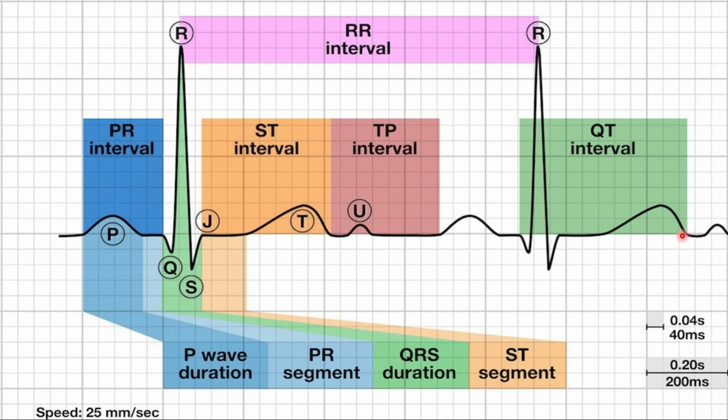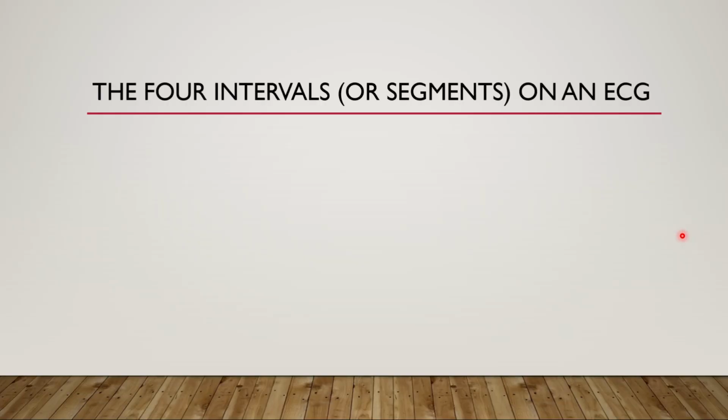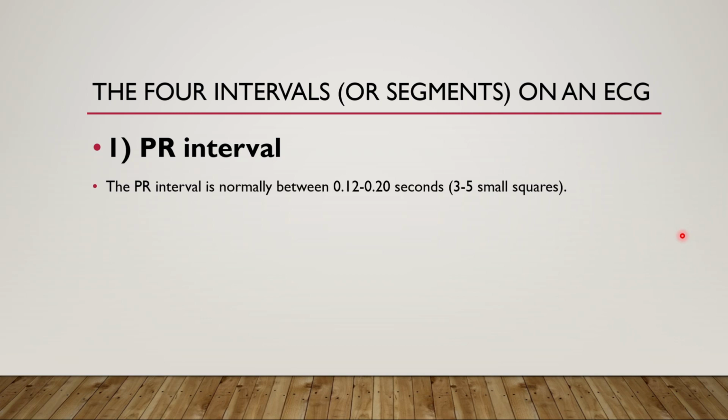Now we will look at these intervals. Four important intervals which we should look for on an ECG. First is the PR interval. The normal PR interval is less than 5 small squares or 200 milliseconds.